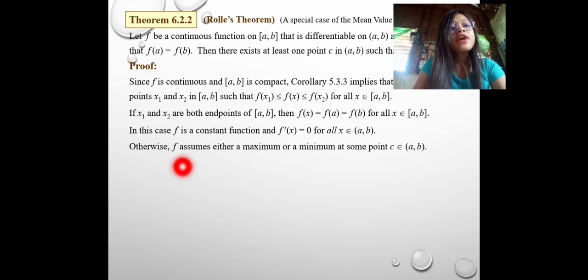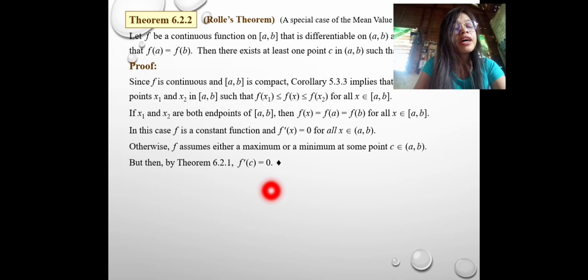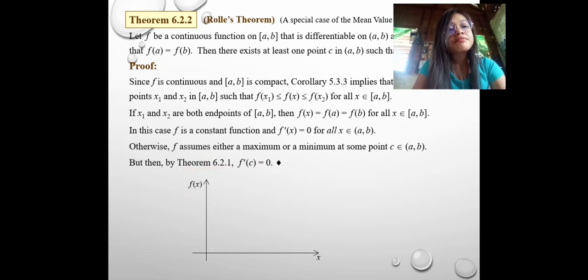Otherwise, function f assumes either a maximum or a minimum at some point c in the interval (a, b). But then, by Theorem 6.2.1, f prime of c is equal to 0.